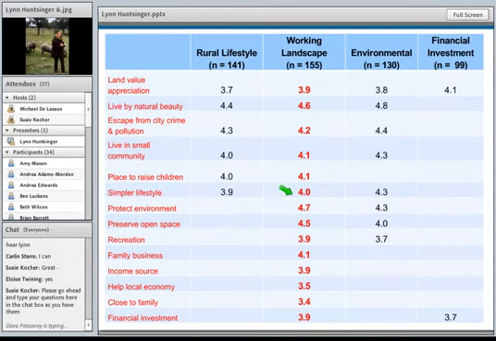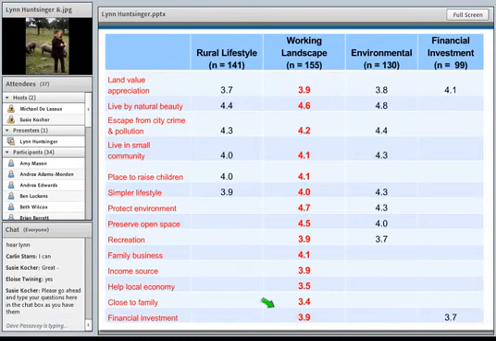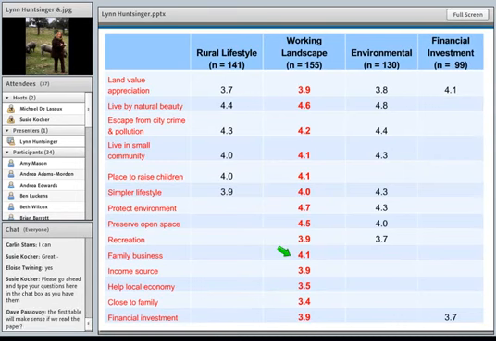Now, working landscapes people felt pretty strongly about most of those variables, but in addition, they tend to feel very strongly about having a family business and an income source. So those differentiate them from the rural lifestyle people, and more often closer to family and things like that. So that cluster kind of hangs together.